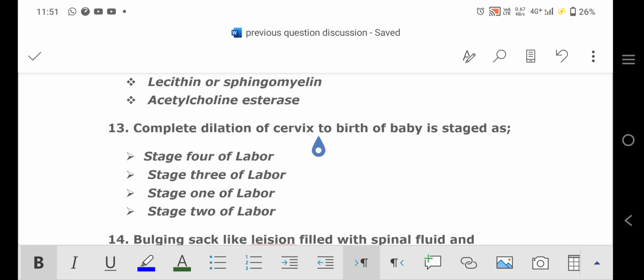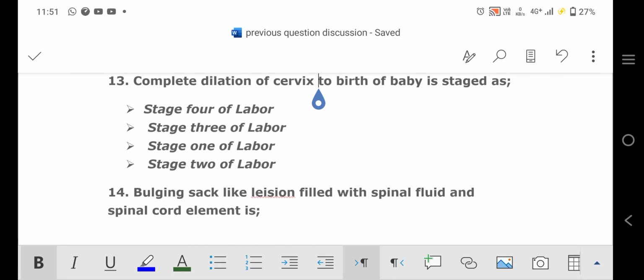At what stage will the dilation of the cervix be complete? That is the 10 centimeter dilatation. Option A, stage 4 of labor, stage 3 of labor, stage 1 of labor, and the last option is stage 2 of labor. The answer is stage 2 of labor.